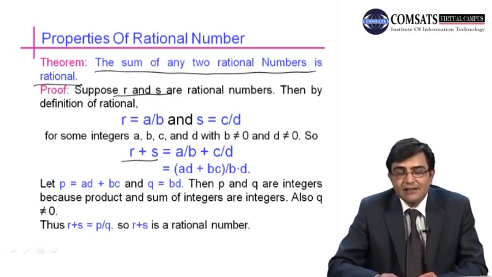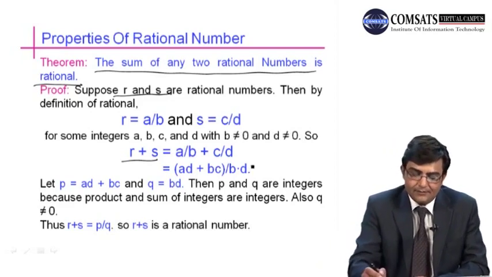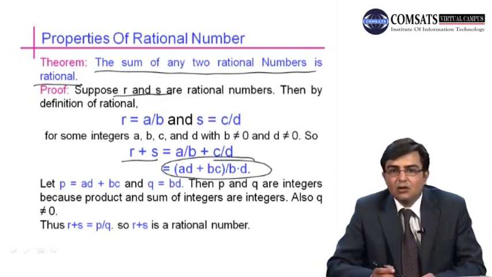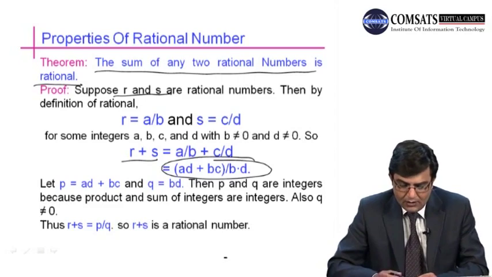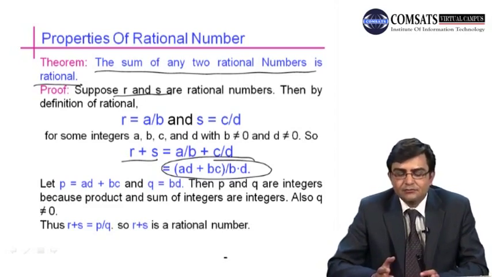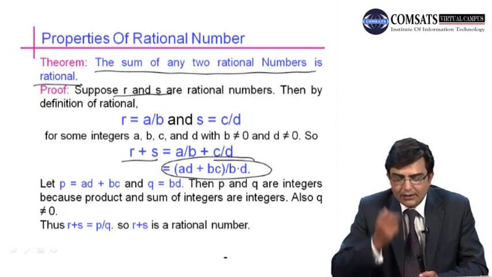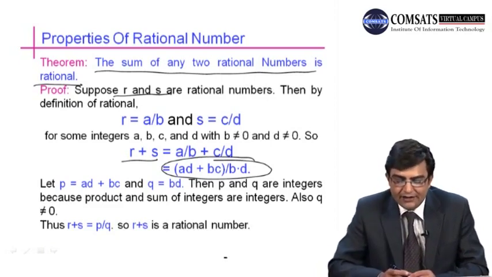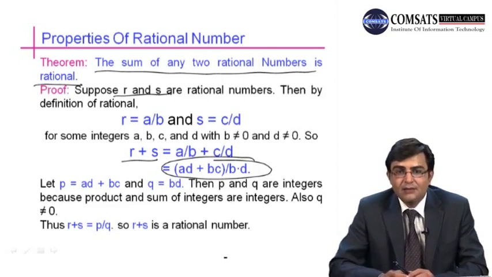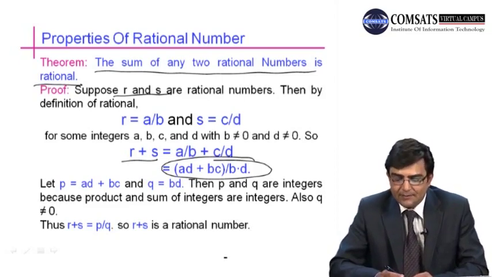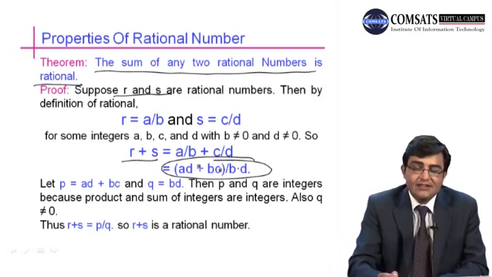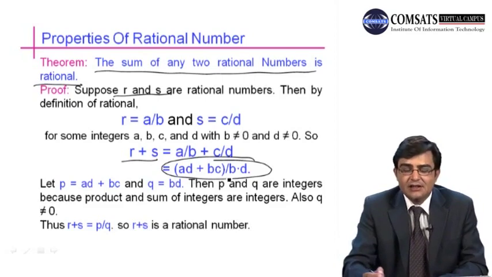Now we have to investigate whether this number is rational or not. Now in the denominator we must have an integer, and in the numerator we must also have an integer by the definition of rational number, and the number in the denominator must not be 0. So we have to prove that the numerator is an integer, the denominator is an integer, and the denominator is not equal to 0.